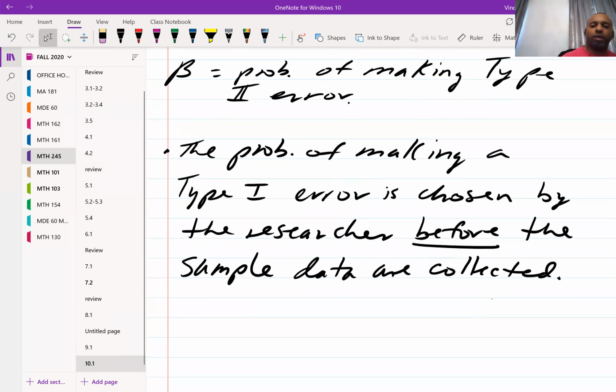All right, so the probability of making a type 1 error is chosen by the researcher before the sample data are collected. So we're talking about alpha, and that's why we had the definition of alpha initially.